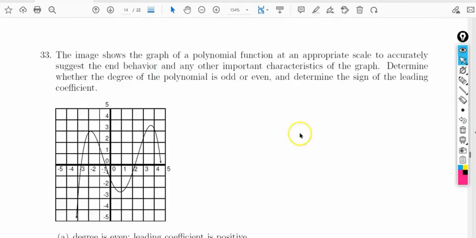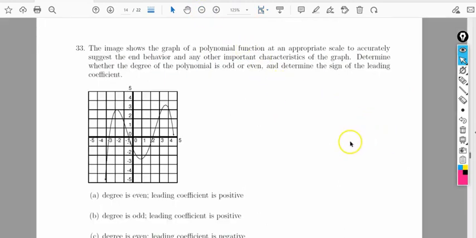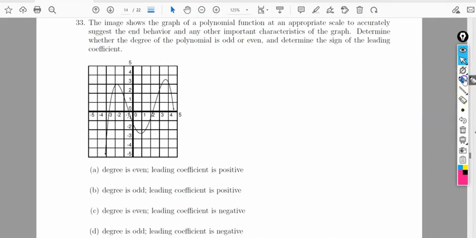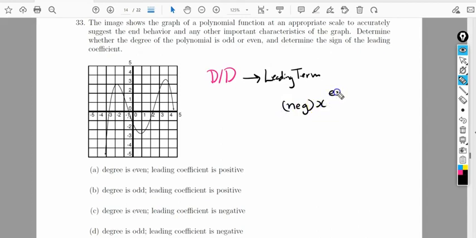Okay, you have to know the rules. If you don't know the rules, there's nothing to put in your calculator. Okay, so you can clearly see from this picture the end behavior is down, down. If the end behavior is down, down, then the leading term, there's a chart and there's 4 cases. If the end behavior is down, down, the leading term is a negative number times x to an even power.